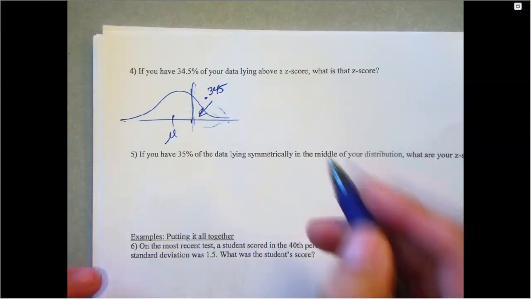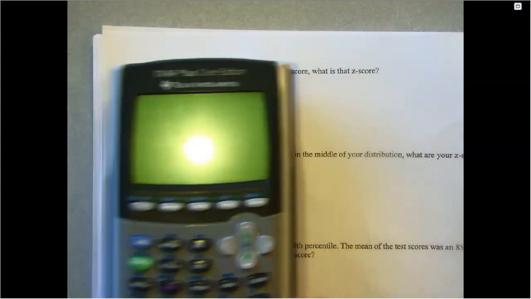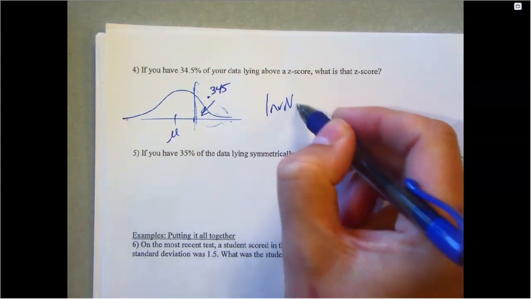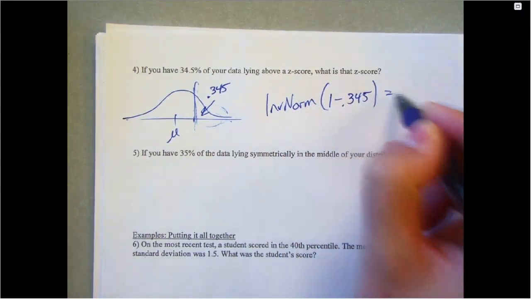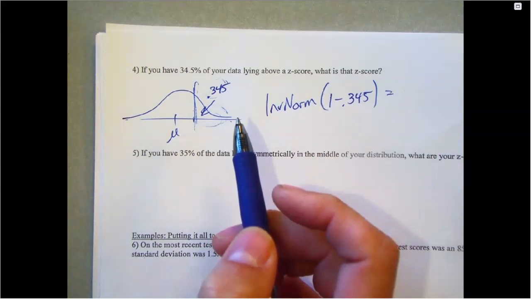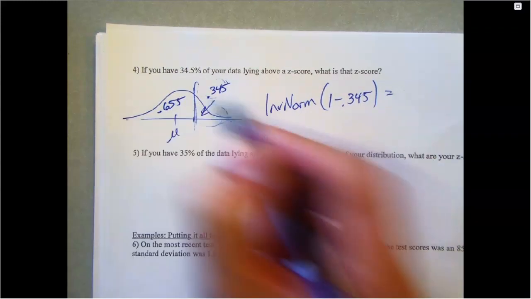But this kind of calculator, unless you have your fancy cheating calculator, only thinks in terms of below. So I have to go inverse norm of 1 minus 0.345. If this is 0.345, over here is 0.655.